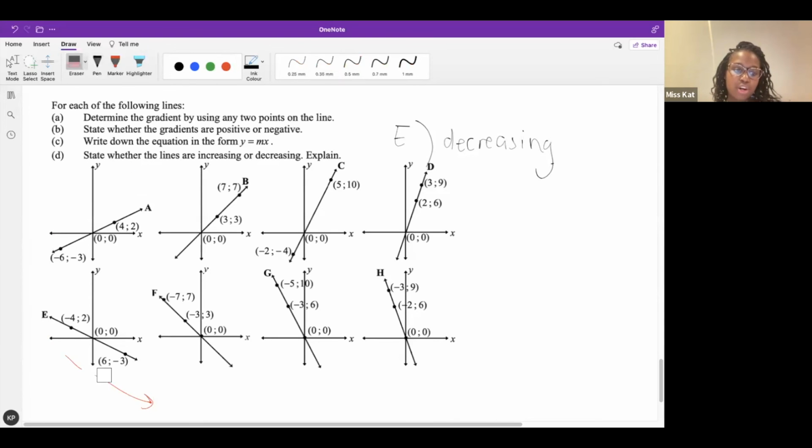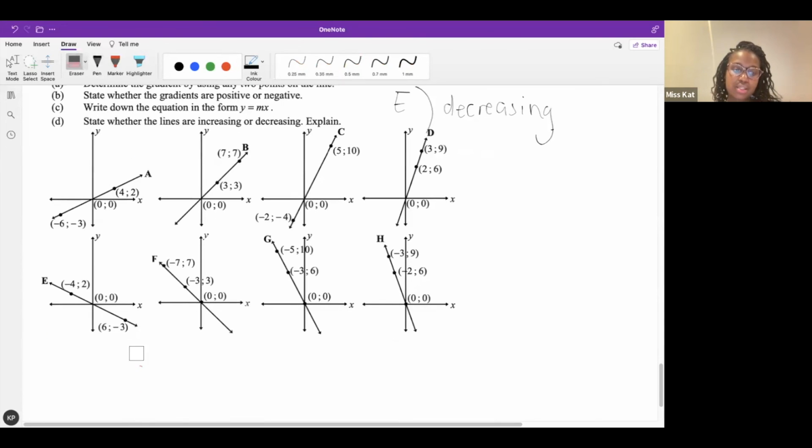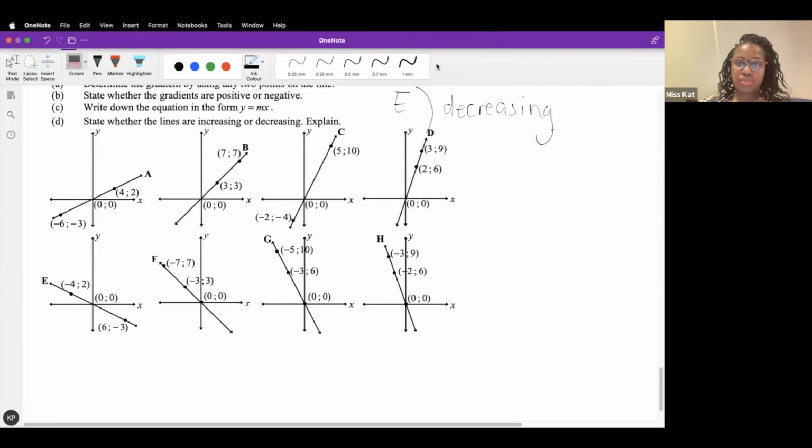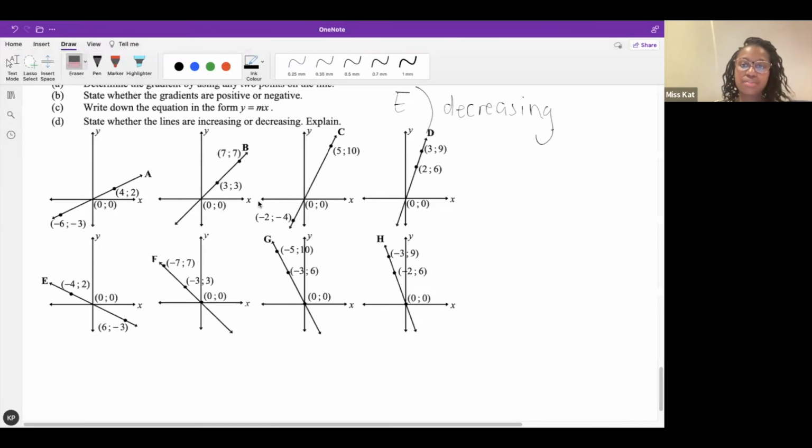If my graph is decreasing, is my gradient expected to be negative or positive? Negative. If your graph is decreasing, then your gradient will be negative.